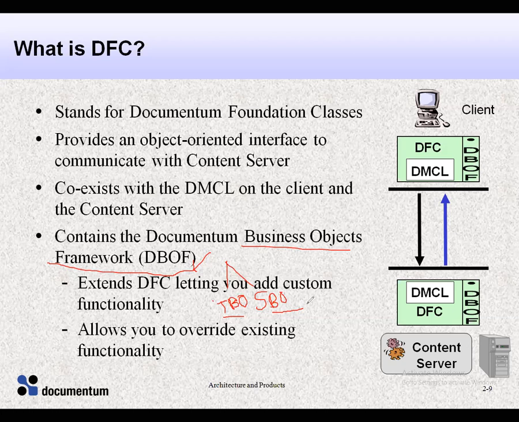TBO is, for example, we have different document types in Documentum, I mean different types of documents. Let's say we have four business units. I'll take your example: one is a procurement business unit, second is finance, third is administration, and the fourth, let's say, is marketing.